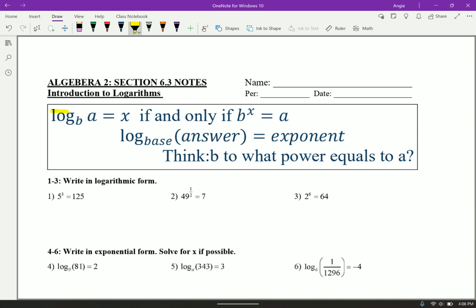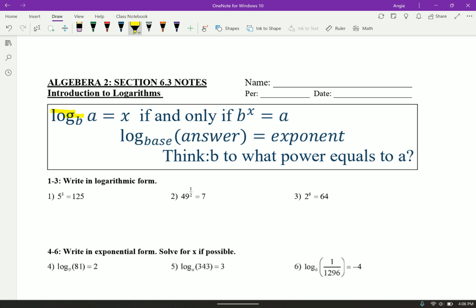If we write log, and then this is base b of a, okay, that's how we read it. Log base b of a equals x if and only if, when we write it in exponential, it's base b to the exponent x equals a.